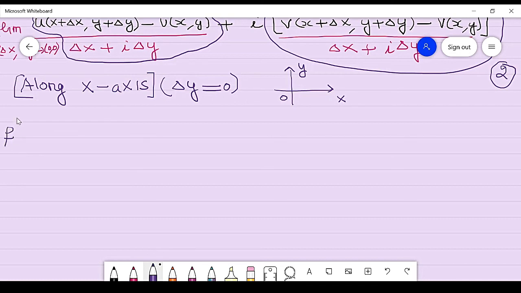First I take f dash z along this path, which is equal to limit delta x approaches 0, with delta y equal to 0.